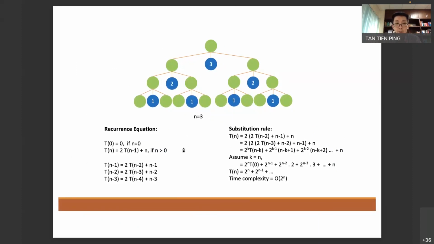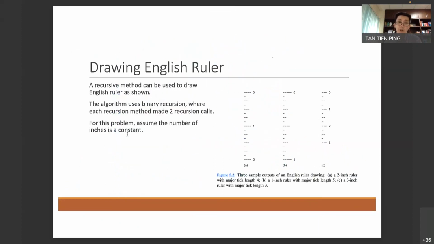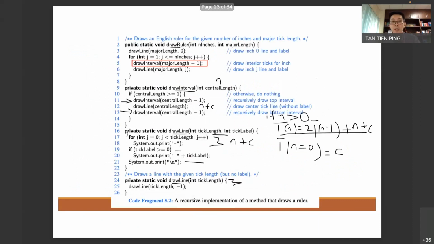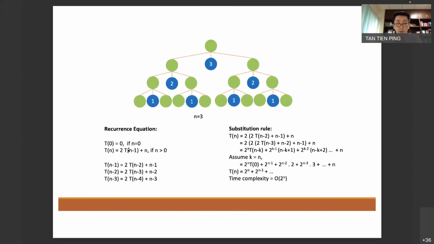We have written the recurrence equation just now. When n equals 0, it doesn't perform anything, or it performs a constant number of operations, so it's also a constant. If n is more than 0, we call the recursive function 2 times, and n reduces by 1 every time, plus n.